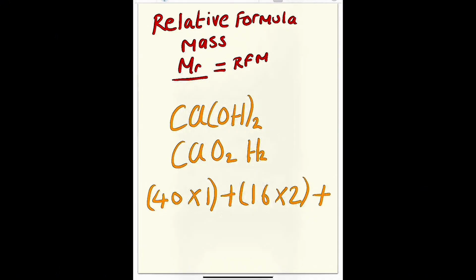And then 1, which is the relative atomic mass for hydrogen, multiplied by 2, because we've got 2 atoms of hydrogen. And that is going to give us an answer of 74.